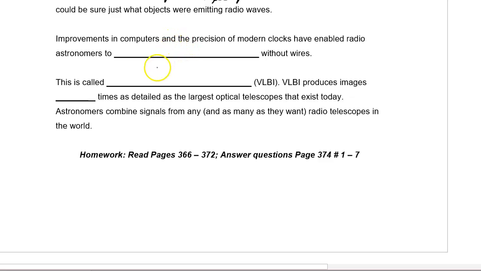Now, improvements in computers and precision and modern clocks have enabled these radio telescopes to connect without wires.